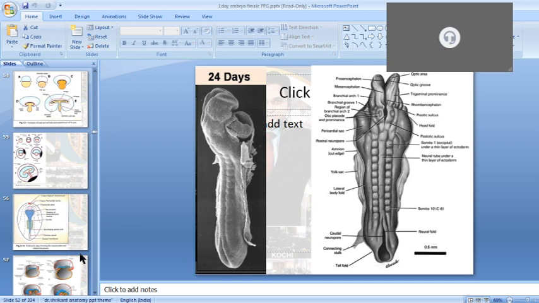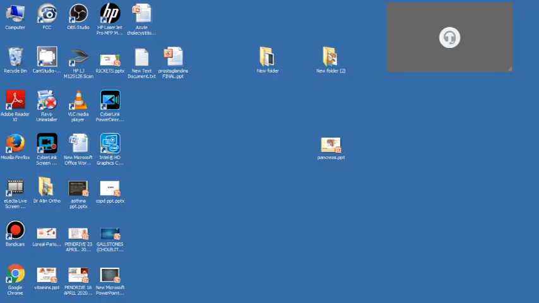Both are developing from the neural tube, which comes from the ectoderm. So each and every person must remember that the neural tube, brain and spinal cord, all the central nervous system parts, are ectodermal in origin.